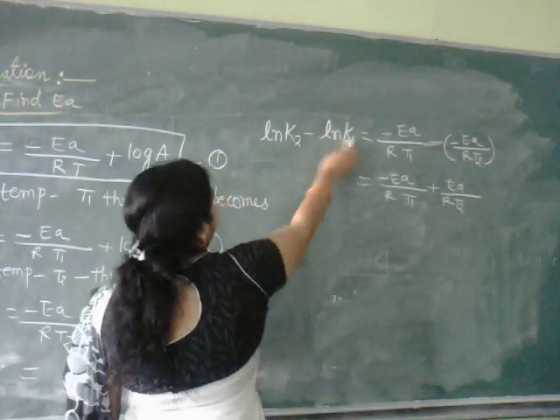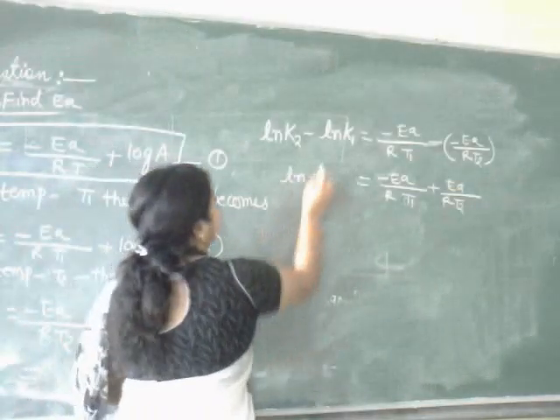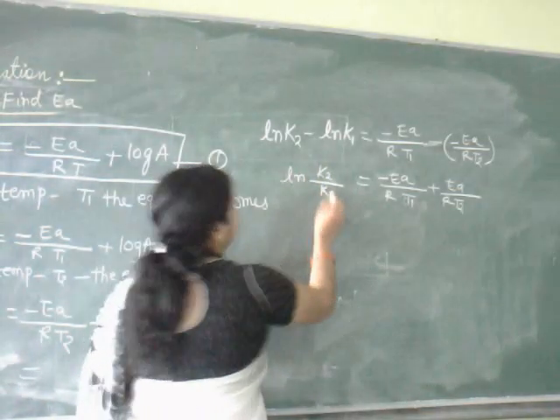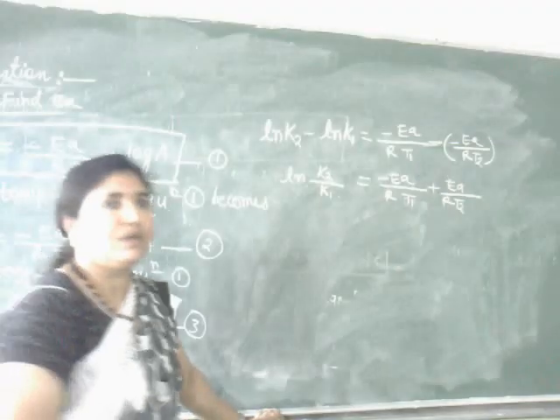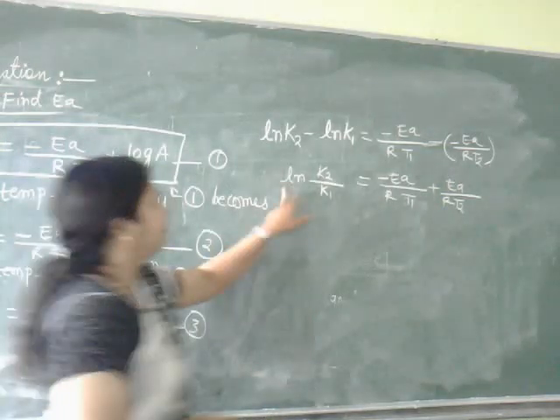This ln K2 minus ln K1 is converted into ln K2 by K1 according to the logarithm rules. ln a minus ln b means ln a by b.